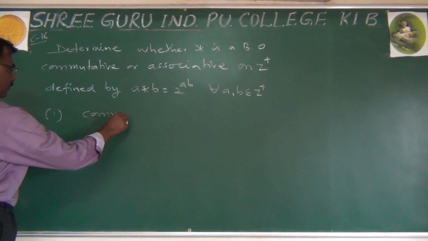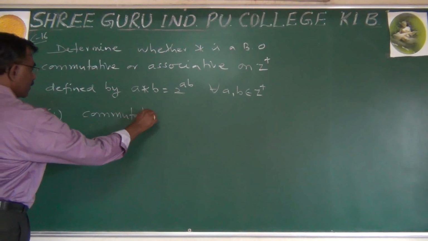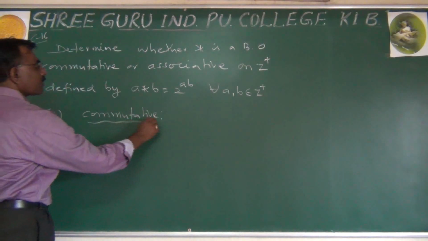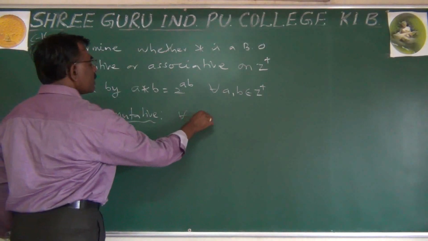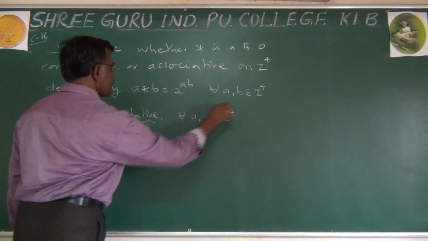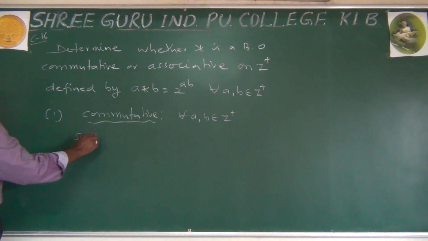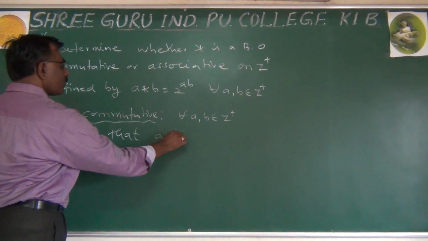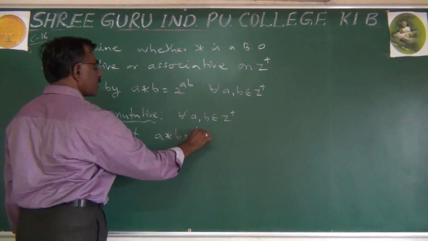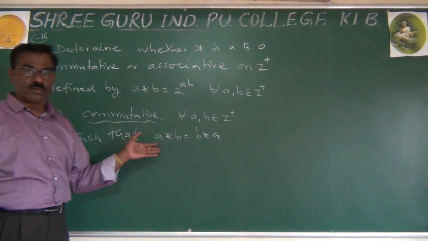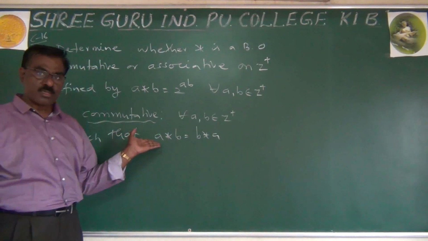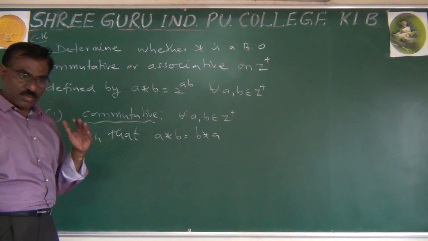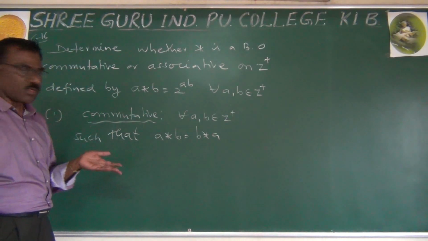Commutative. Whether it is commutative or not, we check. For all A, B belonging to Z plus, A star B should equal B star A. This is the commutative formula. To prove it, both sides must be equal.